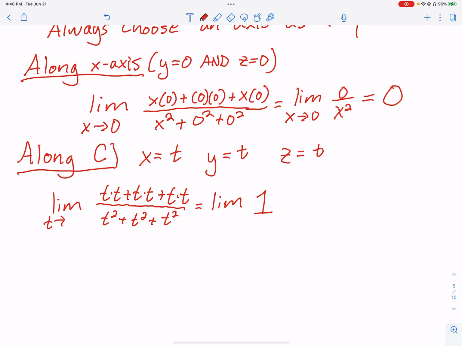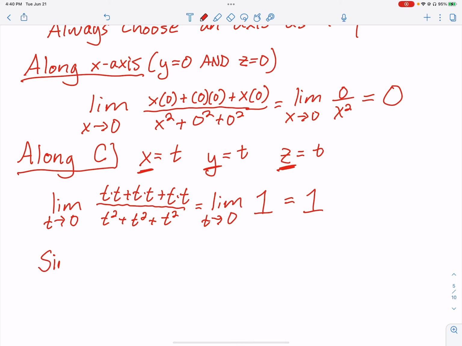We have to talk about what t goes to, because t is all we have. Well, as x goes to 0, as y goes to 0, as z goes to 0, so does t. If t goes to 0, those also go to 0. That's what we want. We want it to match that same point. Well, the limit of 1 as t goes to 0 is 1. That's just basic calc. We get 1. Now we have two different paths.